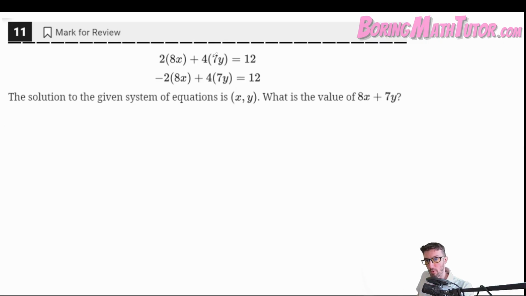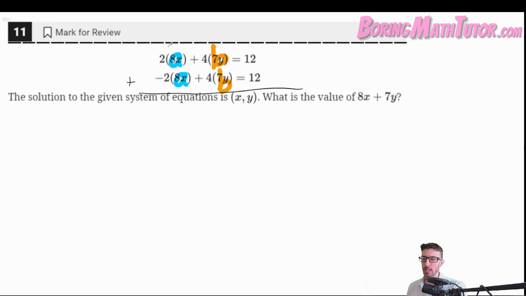Okay, this problem is asking you what's the value of 8x plus 7y. Well, the funny thing about that is that instead of calling it 8x and 7y, because it's 8x everywhere, let me just call that A, and then I'm going to call all of those 7y's B. So then if I do that change, I can now add up these two equations.